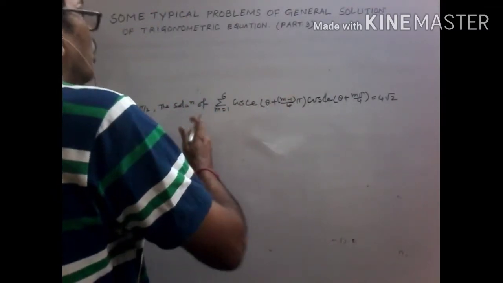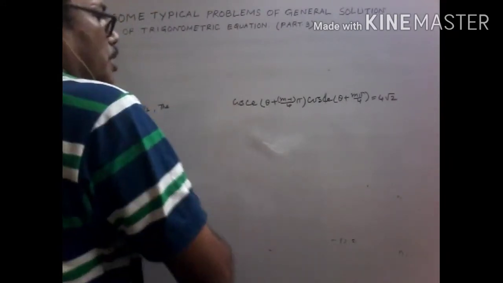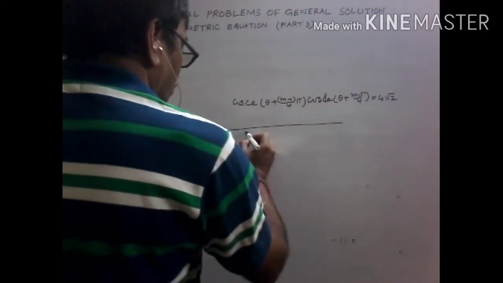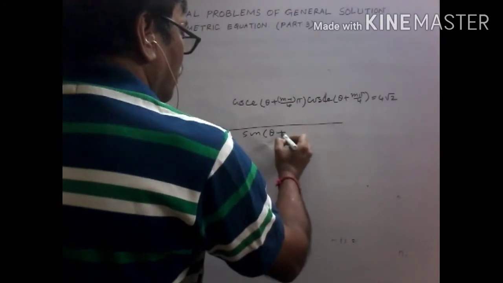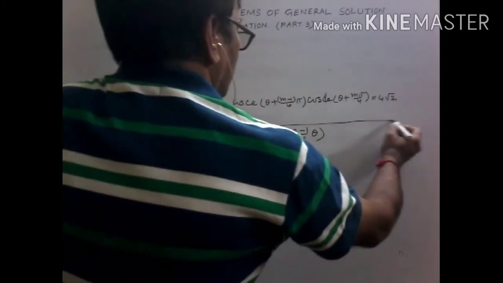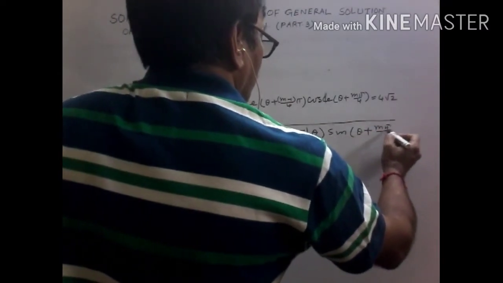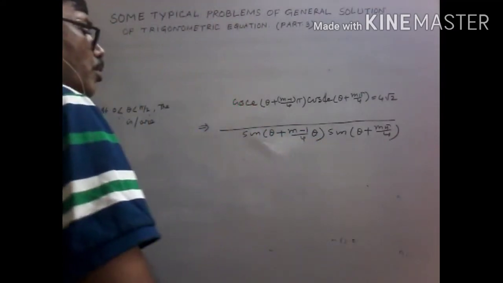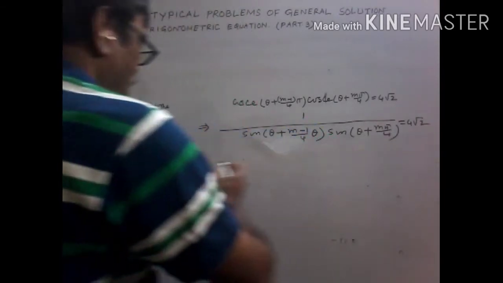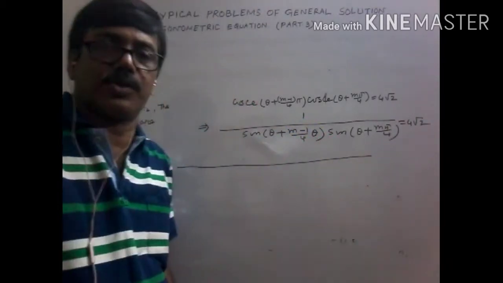So write this part equals 4. So this is sin θ ... sin(θ + (m−1)π/4) into sin(θ + mπ/4). So this equals 4√2. Now we know how to solve this type of equation.